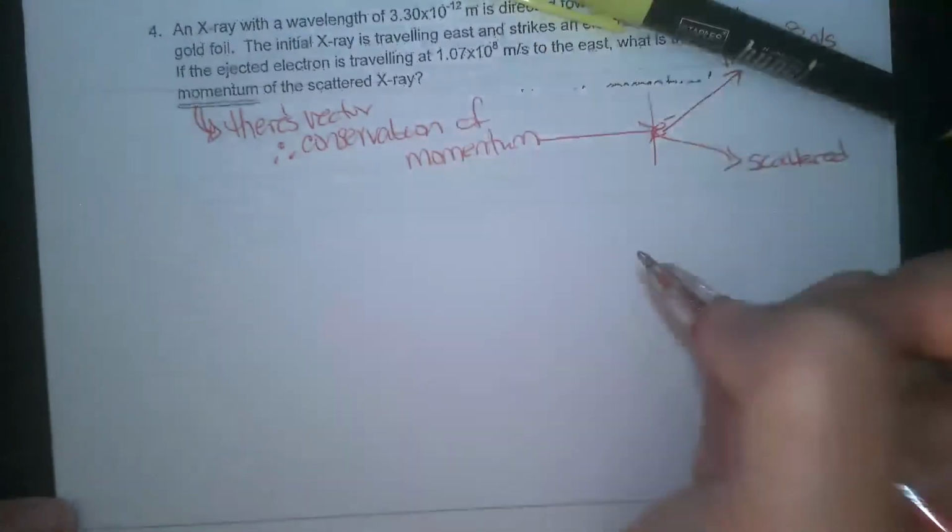Okay, information that we have: because it's momentum, there's a vector. Both before and after is heading east. We're looking at the conservation of momentum. So we're going to have a before and an after.